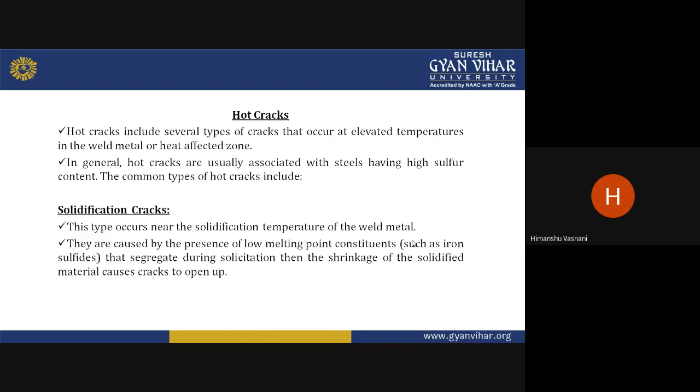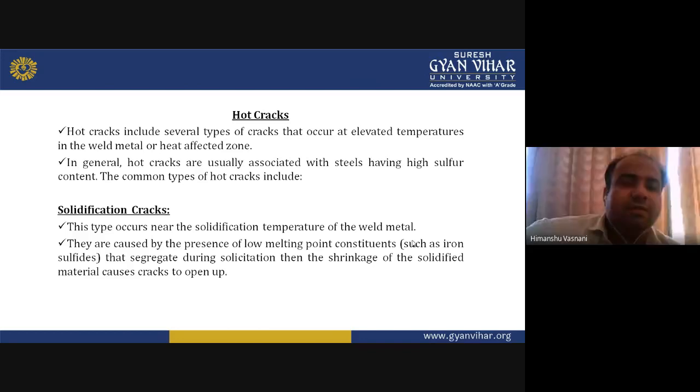But if during cooling they have high sulfur content at the time of joining, then these kinds of cracks occur.